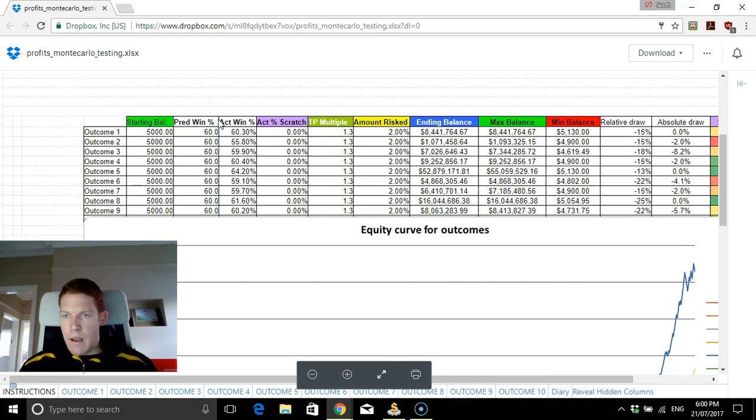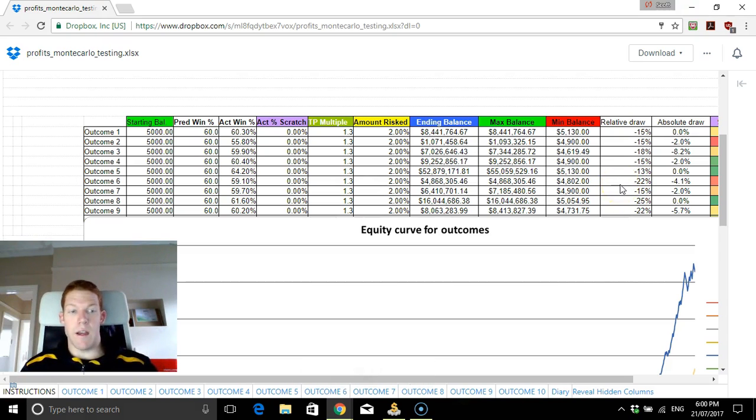You've got the predicted win rate and the actual win rate. And just by minor adjustments, let's say it's 59.10, that goes down to 22% drawdown. 22% drawdown on 10,000, even on a $5,000 account, is a little significant. That's over $1,000.